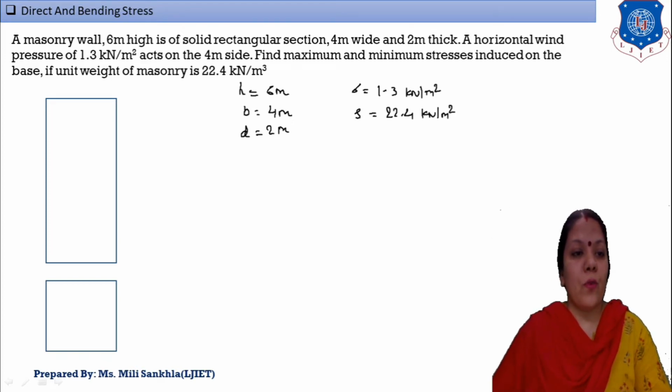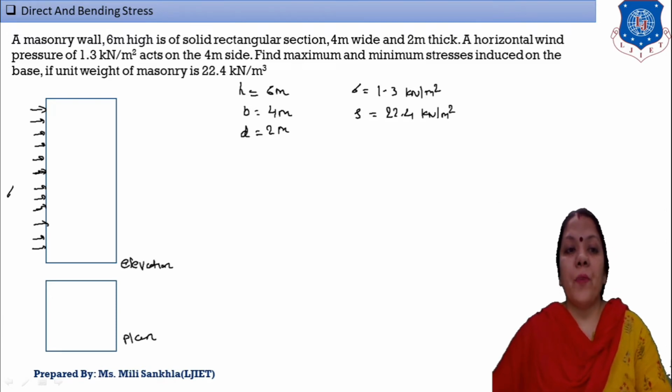First of all, wind pressure acts on this surface. This is our wind pressure which acts as a UDL load on the chimney. This is our elevation and this one is a plan of the chimney.